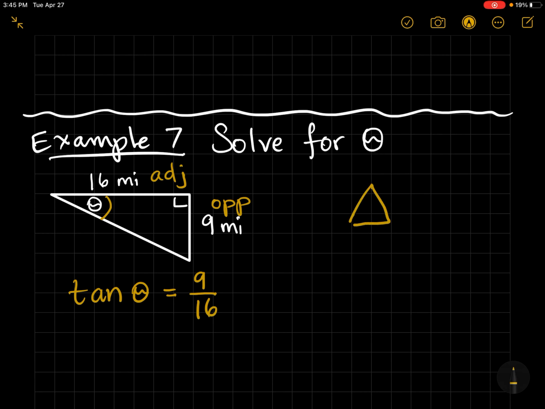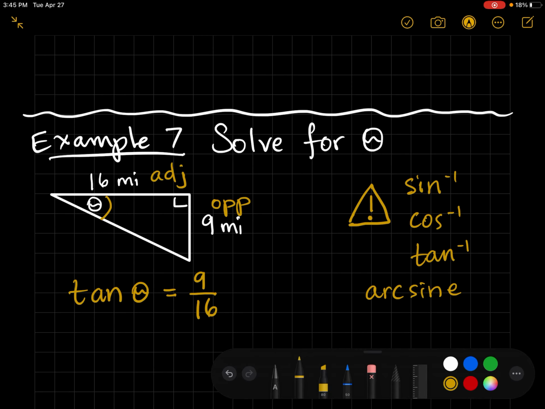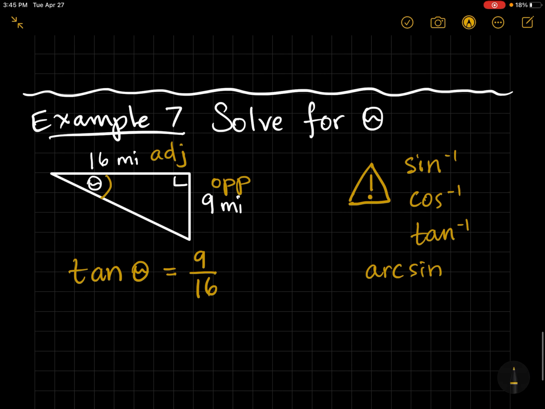Whenever solving for an angle, warning, you're either going to use inverse sine, inverse cosine, or inverse tangent. These are also known as arc sine, arc cosine, you could put the arc in front. These mean the same thing.